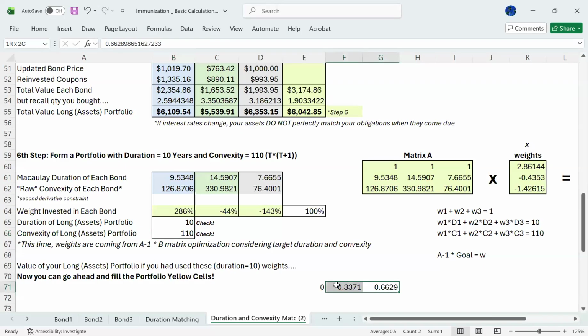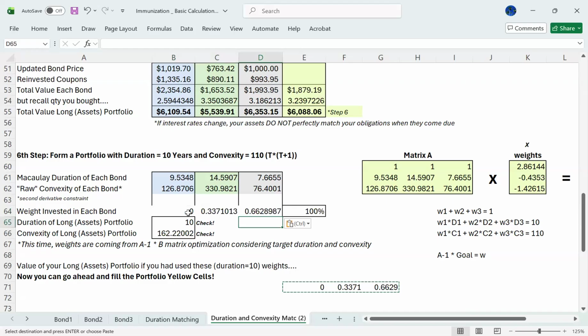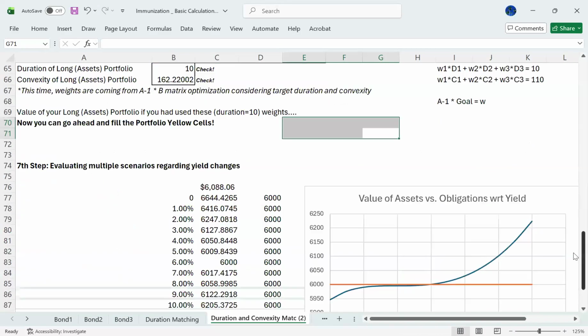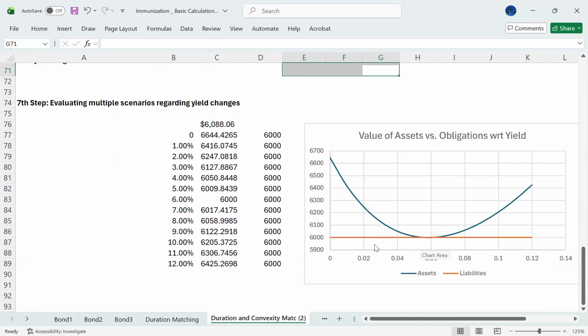But now if we use this optimization, we are getting these values here, and then we can get convexity up to 162. The duration has to be matched. That's a condition we cannot skip. But convexity, we took it even higher to 162, and then look at our graph now. It means that if rates go down, our assets exceed liabilities.